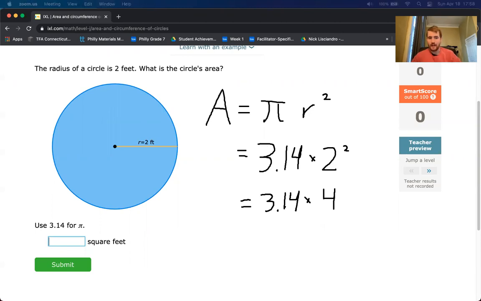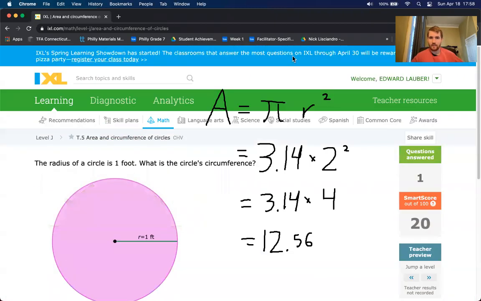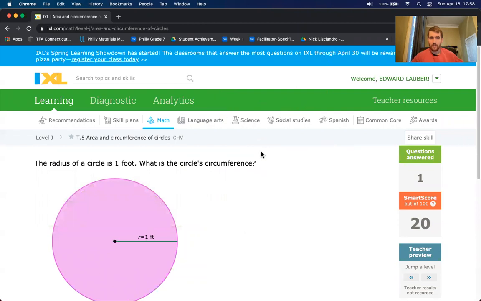Just go ahead, type into Google what is 3.14 times 4, and you will get the answer 12.56. So you know the area of this circle is 12.56. Let's see if we got it right. You got it.